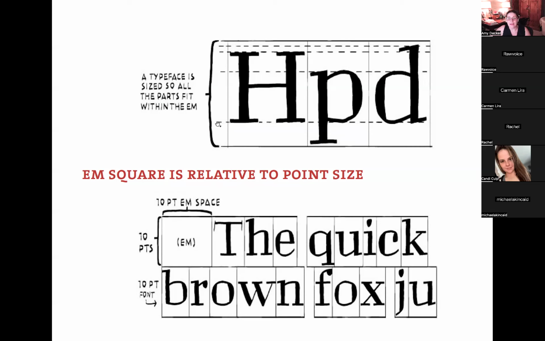It sits on the scaffolding that you're familiar with: ascender, cap height, and descender. So the type floats inside that M space. That's how different typefaces can have different X heights, because sometimes they have a high X height, sometimes a low X height, but they all float inside that 10-point M space.